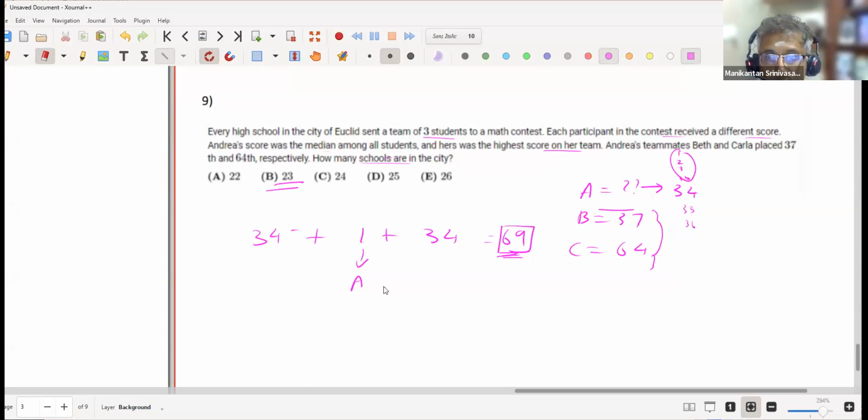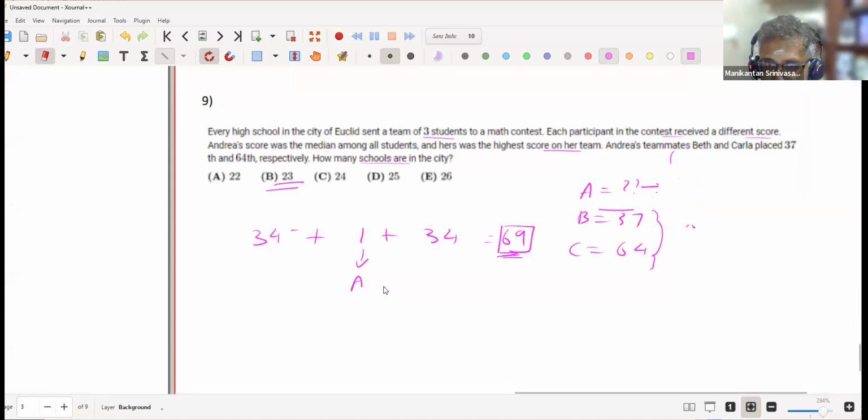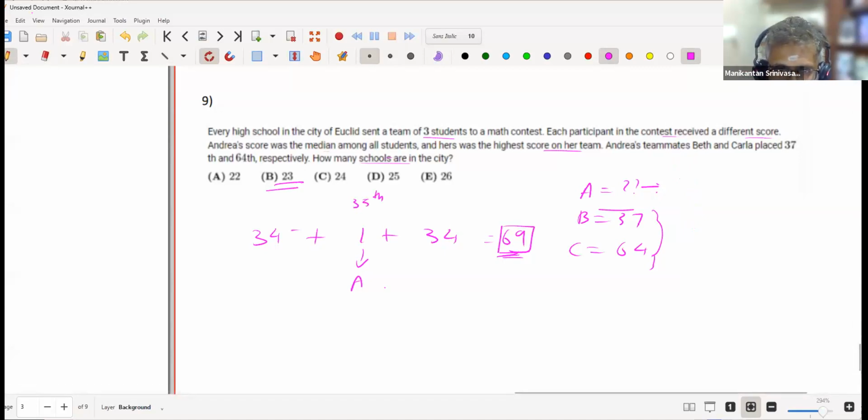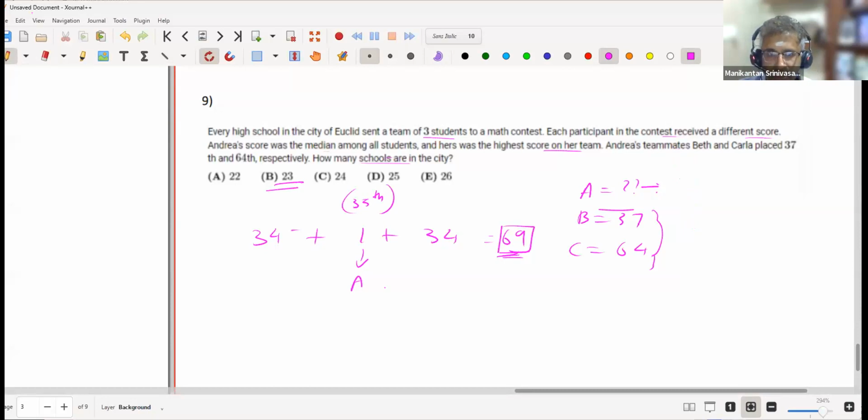So she's at the 35th position, right? Sorry, I wrote it wrong. So she's at the 35th position, and therefore there are 69. So that's possible. That's not violating anything.